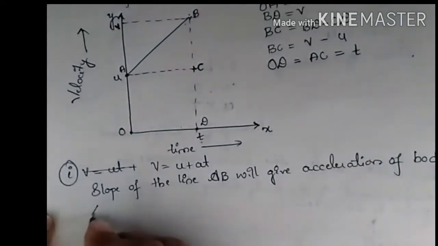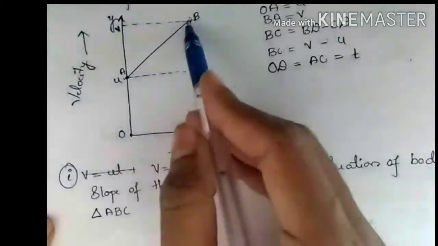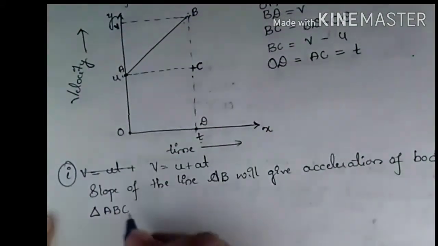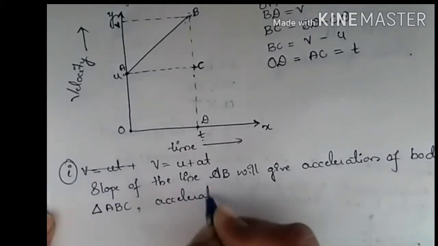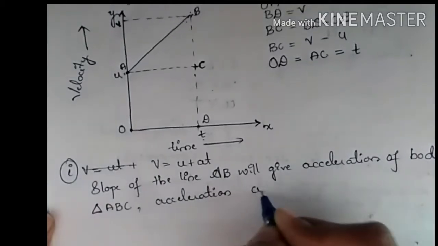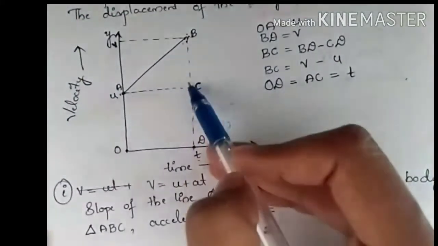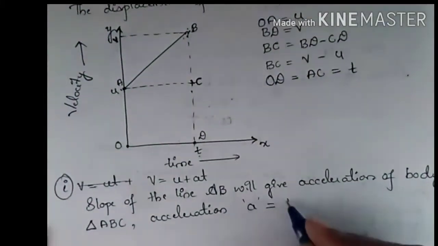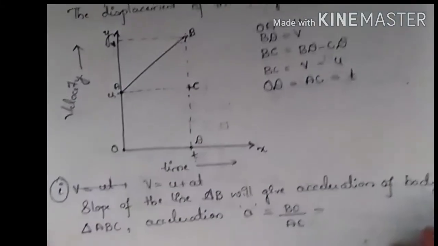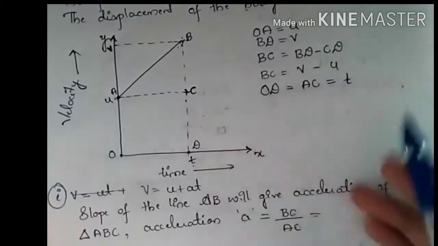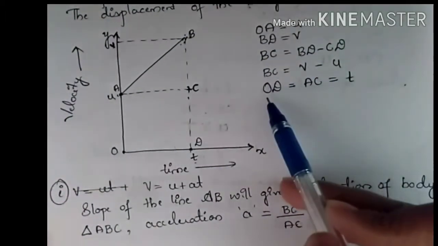So now from triangle ABC, acceleration a will be given as what? Slope is BC by AC. So what is BC? BC is v minus u, divided by AC.